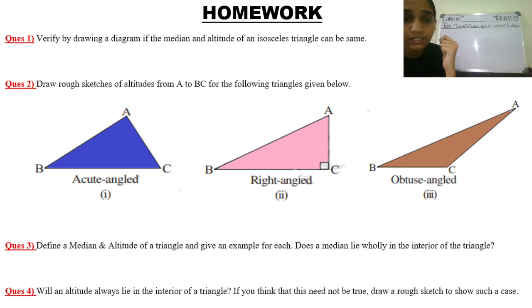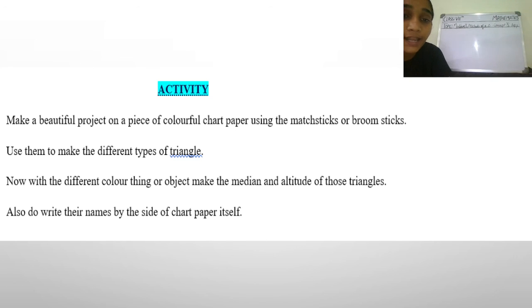And question 4 is that you have to answer whether an altitude will always lie in the interior of a triangle. If you think that this need not be true, then you can draw a rough sketch to show such a case, whether it is possible or not. Now students, there is a small activity which you have to perform. You have to make a beautiful project on a chart paper by using matchsticks or broomsticks, because these are straight lines, so we will use these types of sticks only.